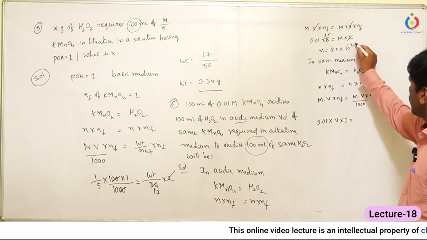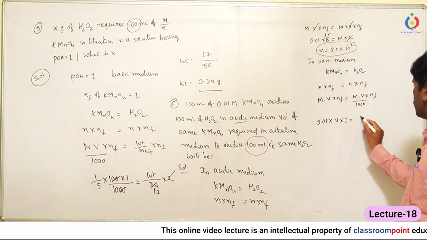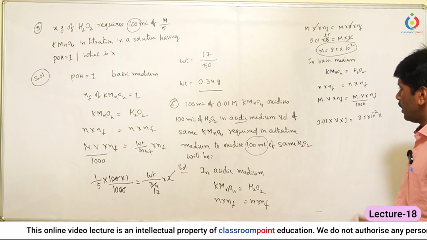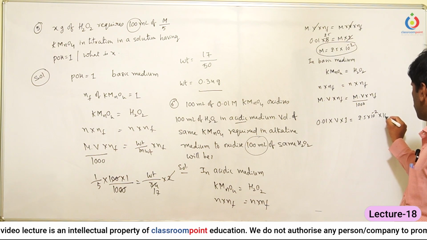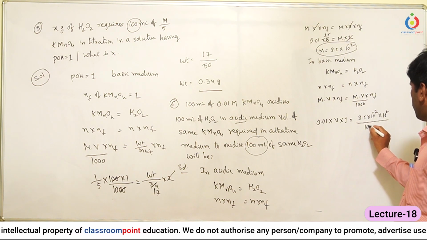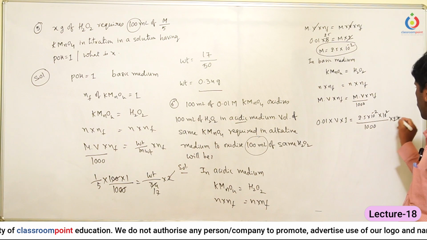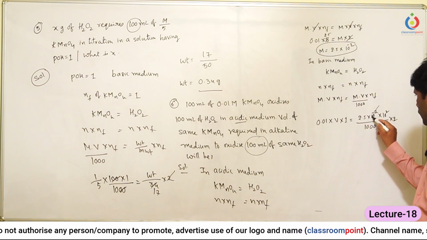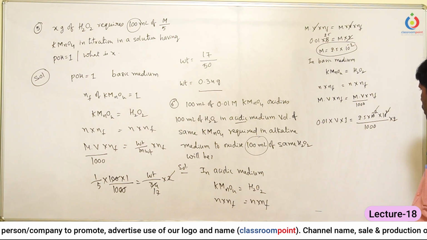Here the molarity of the H2O2 we calculated is 2.5 into 10 power minus 2, into volume 10 power 2 divided by 1000, into N factor of the hydrogen peroxide, which is 2. So the 10 power minus 2 and 10 power 2 cancel out.